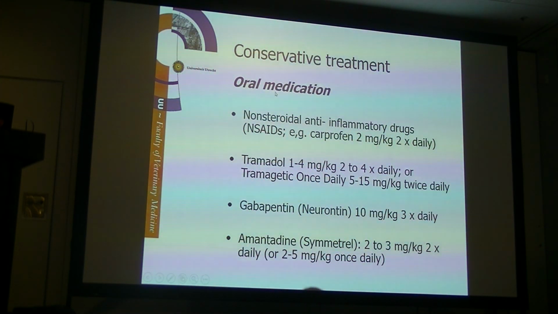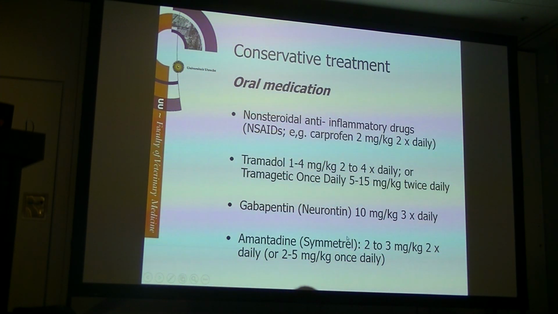So here is a summary for now. In Utrecht, this is what we give for low back pain. We start with NSAIDs. One NSAID. I don't mind which one. The best one is the one the dog is managed with, or that the owner is happy with. And then we can add tramadol or gabapentin.